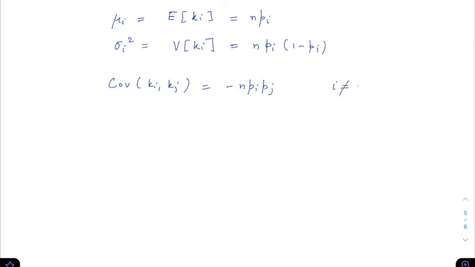And lastly, this leads us to the correlation coefficient, which can again be written in terms of the pi's and pj's.